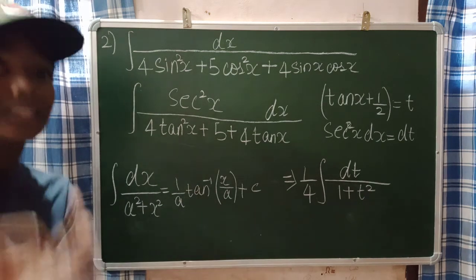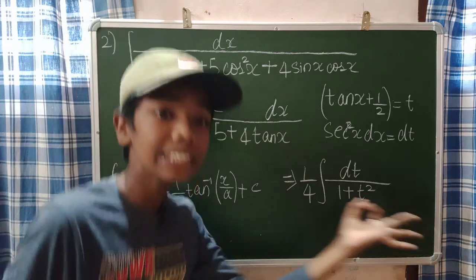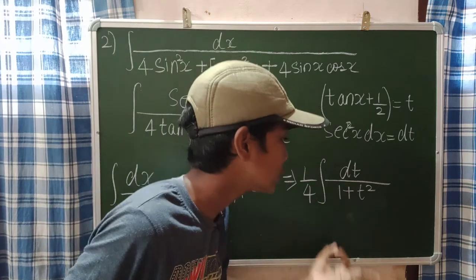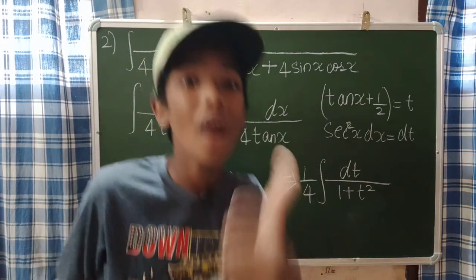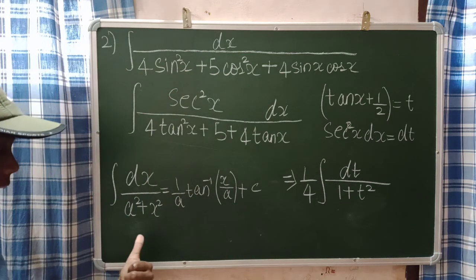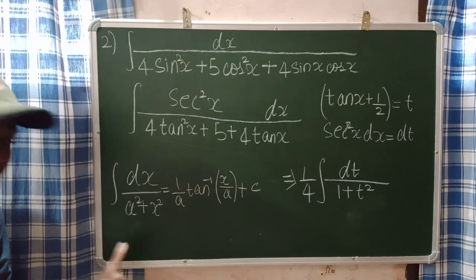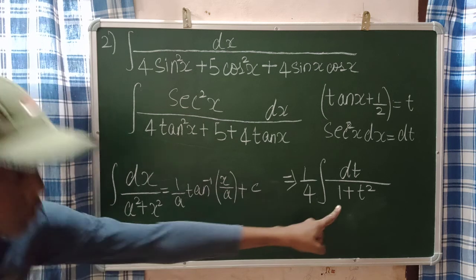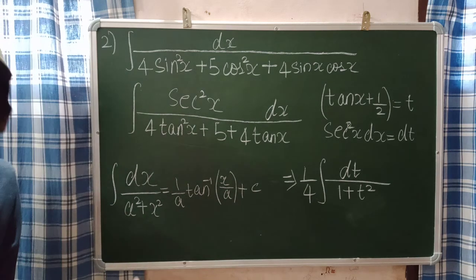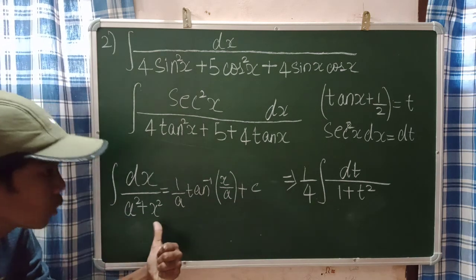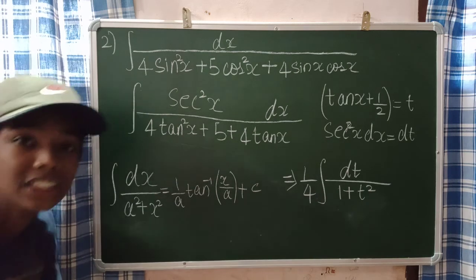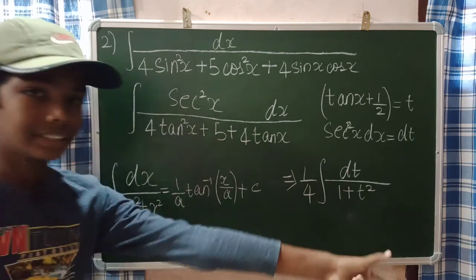I hope you guys understand the reason behind interchanging it. I interchanged t square plus 1 as 1 plus t square to use this formula, as a is nothing but a constant which is 1, and x is a variable t. That is the reason why I interchanged your denominator as 1 plus t square.